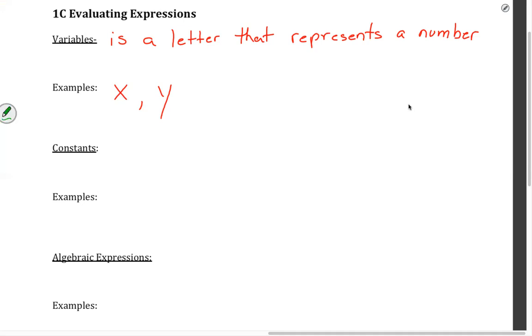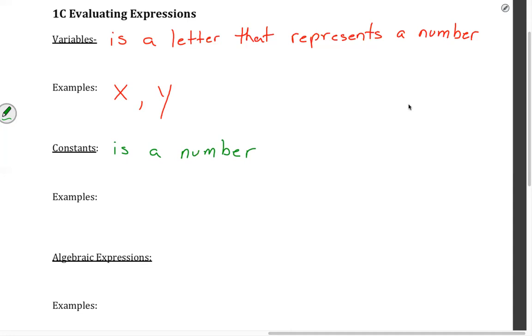Now, what would a constant be? Does anybody know what a constant is? Nate, do you know what a constant is? Isn't it just any number? Yeah, it's a number. So a constant is a number. It doesn't change, hence the name constant.